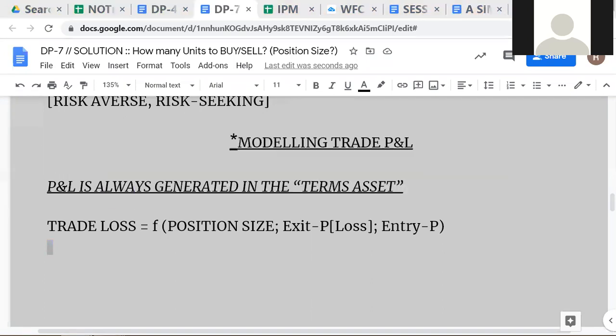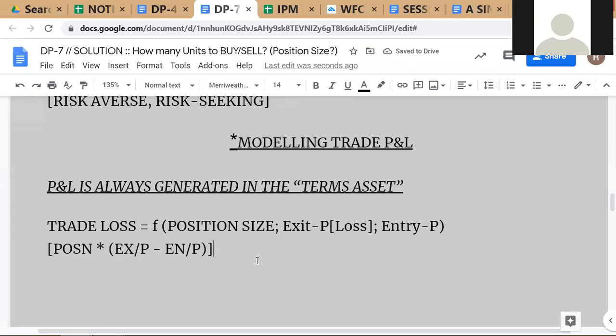Let's try and get this from somewhere where I have written it down, so that I don't have to write it down once again.